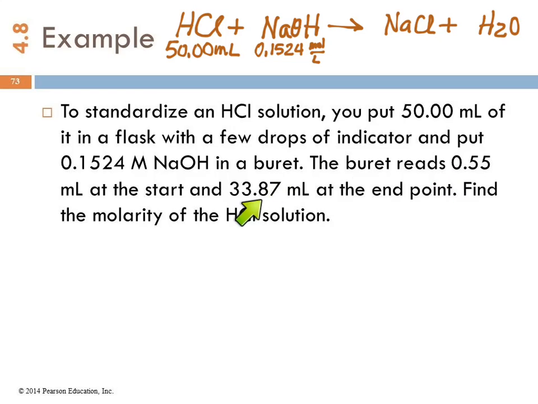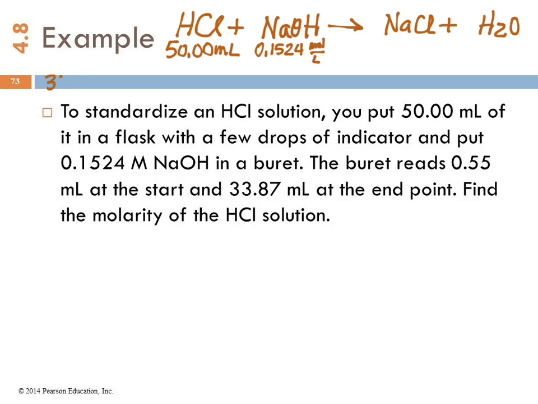Now, what are these two volumes going to tell us? How much we added. Did we add 33.87 milliliters? No. We need to subtract, right? So let's do that on the side.